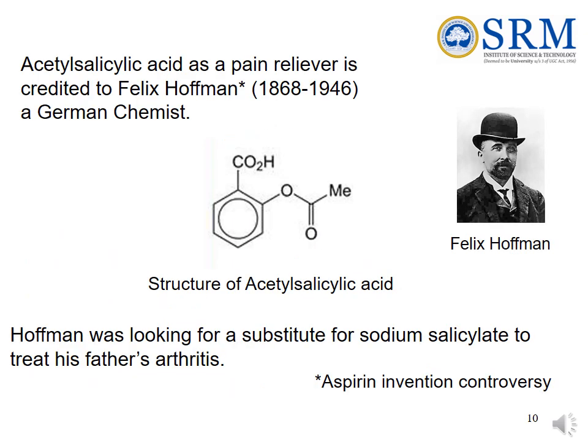Among various derivatives of salicylic acid, acetyl salicylic acid as a pain reliever was a huge success. Felix Hoffmann, a German chemist, was looking for a substitute for sodium salicylate to treat his father's arthritis, during which he came up with the discovery of acetyl salicylic acid.